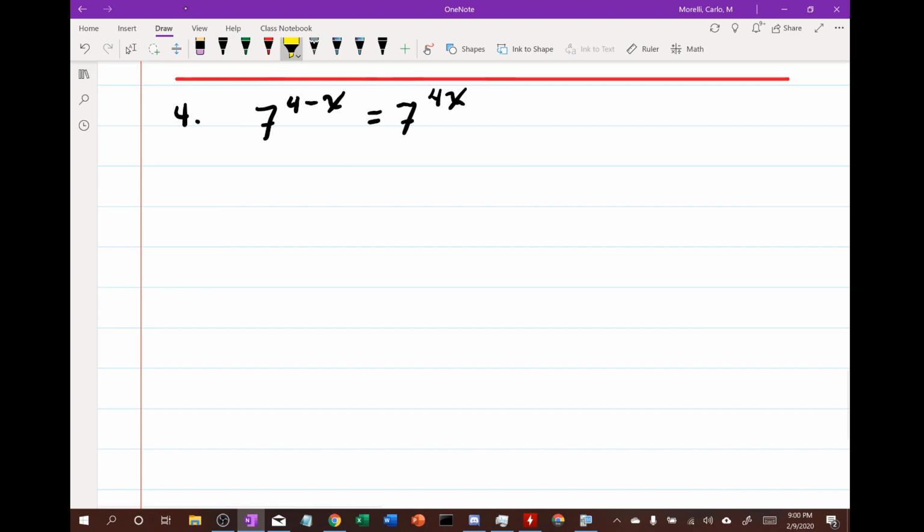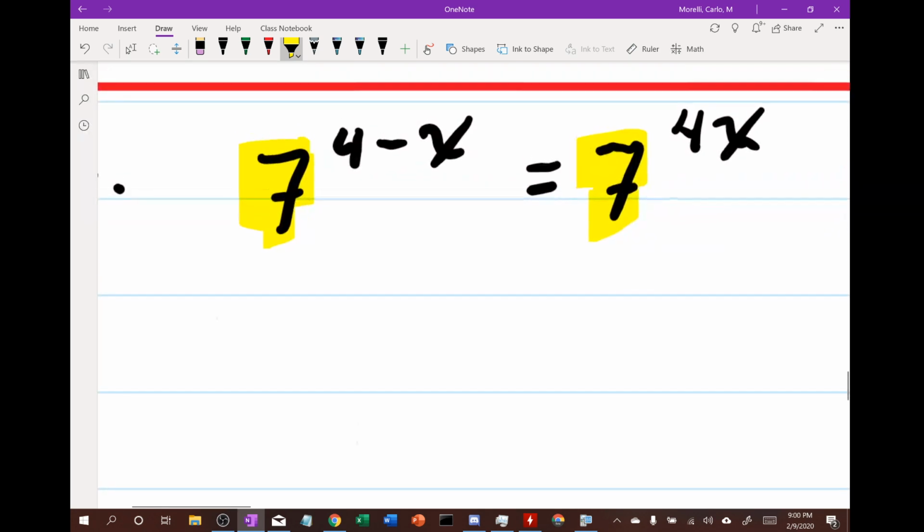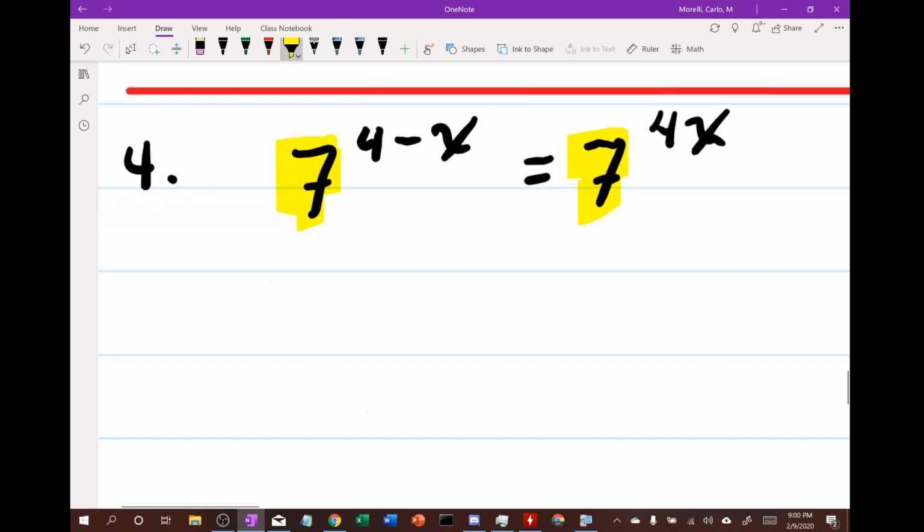Yes. The bases, the numbers. I'm putting a yellow highlighter on what I'm calling the bases here in a second. You'll see it. Oh yeah, they're the same then. 7, yeah, they're the same.